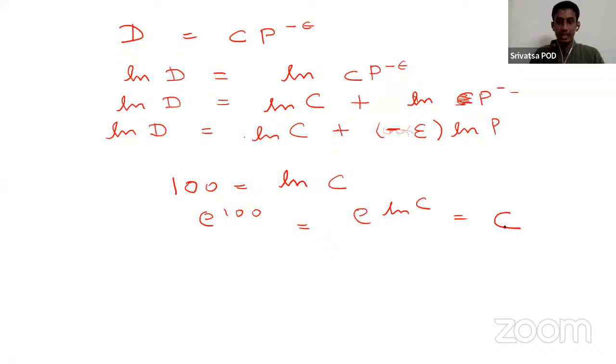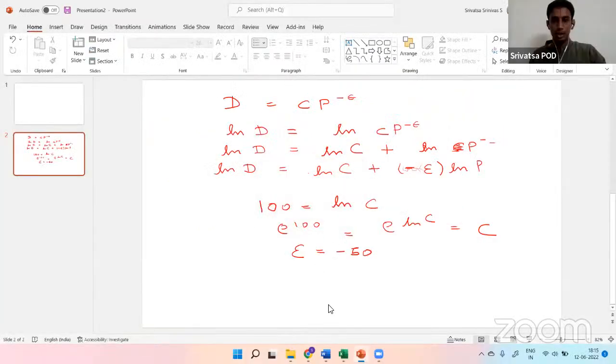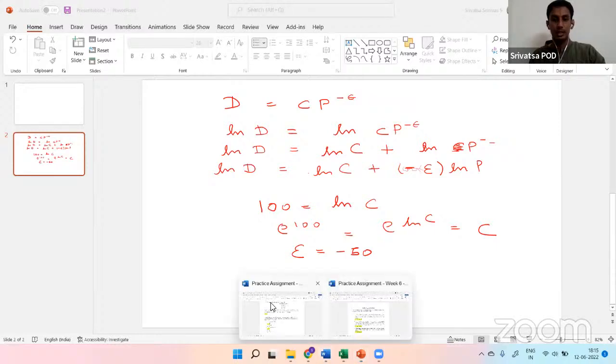Now, looking at the slope is straightforward, because you have the slope value equal to 50 and you have epsilon equal to minus 50. So this is how you solve the second and the third problem.